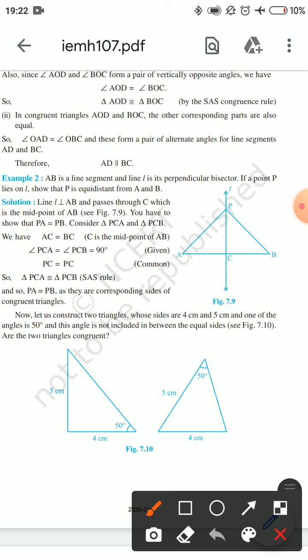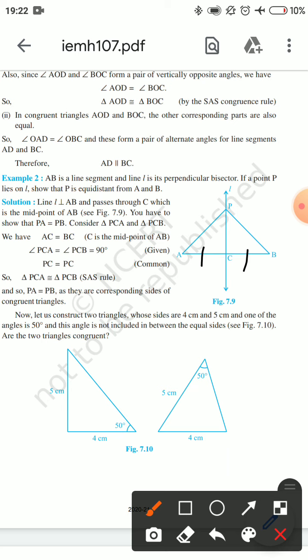Let us consider triangle APC or PAC and triangle PCB. You can see that side AC is equal to side BC, which is given in the question just because C is the midpoint of AB, or L is the perpendicular bisector of AB.